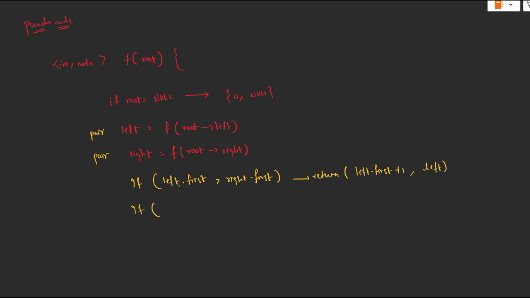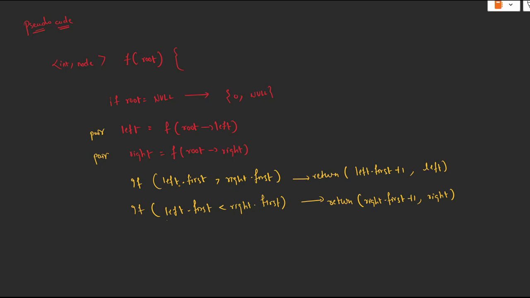The second condition is, if left first is less than right first, it has to return right first plus 1, increasing by 1, and right, because right is the one having the subtree with the deepest nodes.